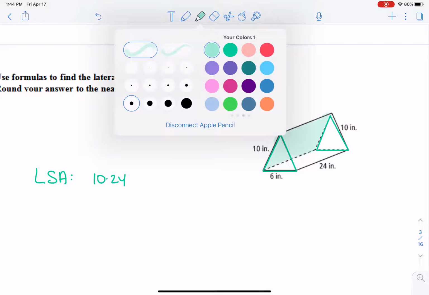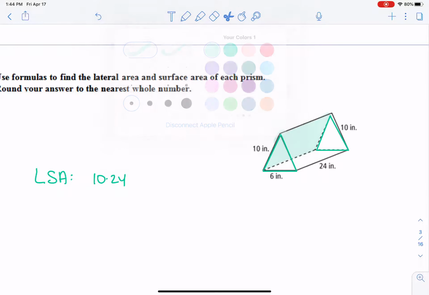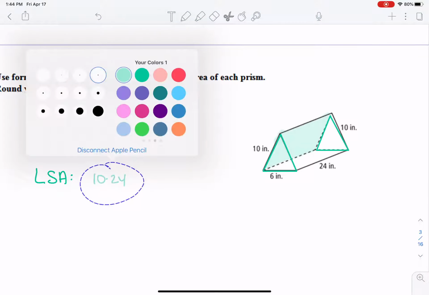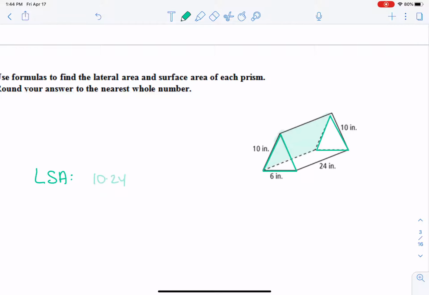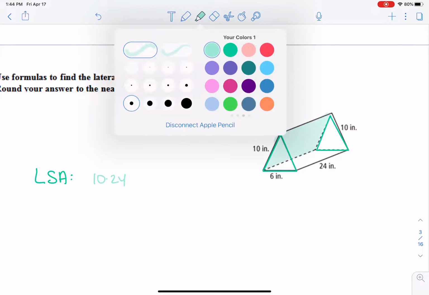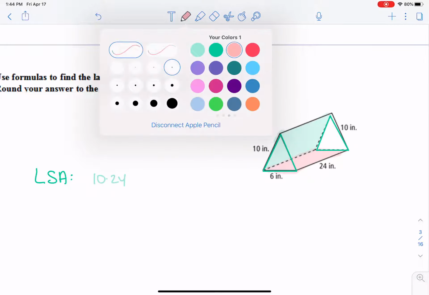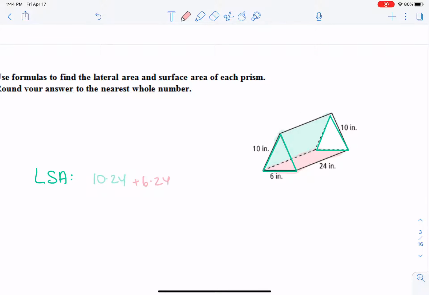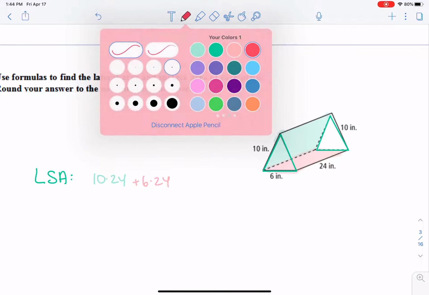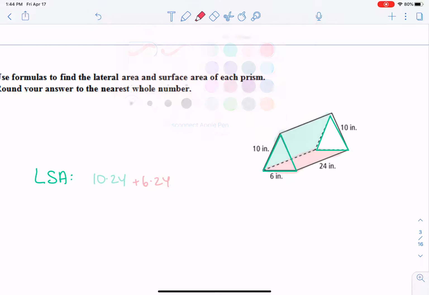It is also going to be, let me match my colors, this light pink bottom one, which is 6 times 24. And make this dark pink. It's this side one here, which is 24 times 10, or 10 times 24.